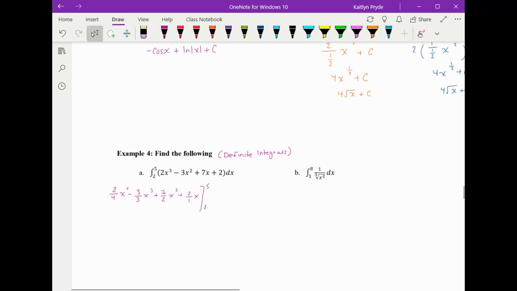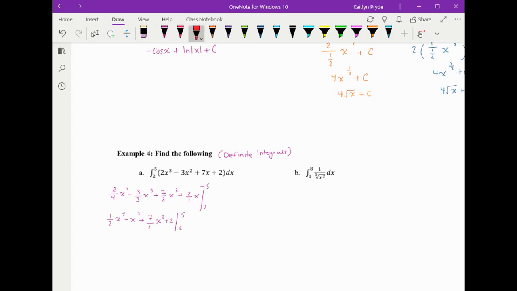Now, before I plug all those values in, I'm going to simplify what I have written. And I have 1/2 x to the 4th minus x cubed plus 7 all over 2 x squared plus 2, and this is evaluated from 2 to 5.